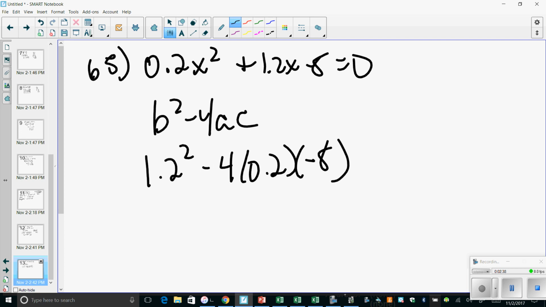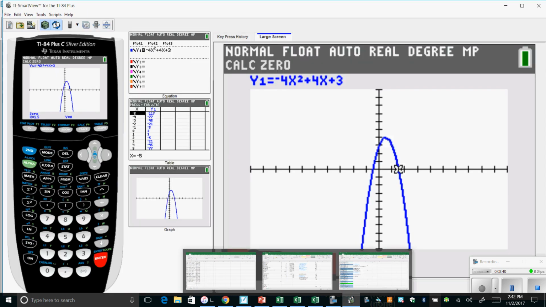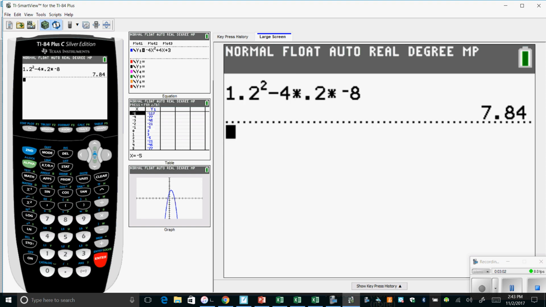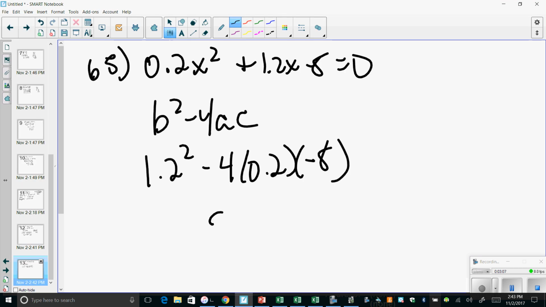All right, take the calculator, and I'm going to do 1.2 squared minus 4 times a, which is 0.2, times negative 8. And I get 7.84, which is also a positive number. So this one would also have two real solutions.